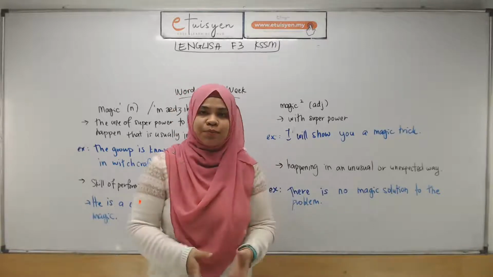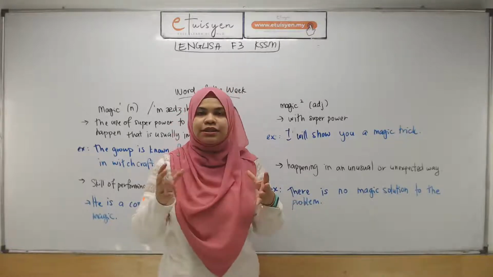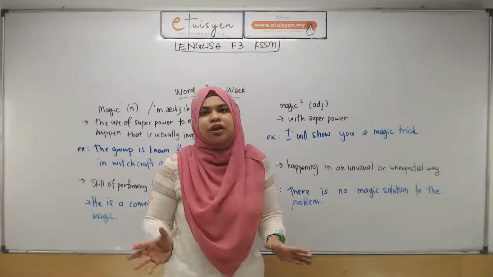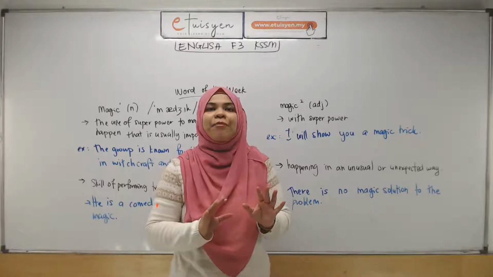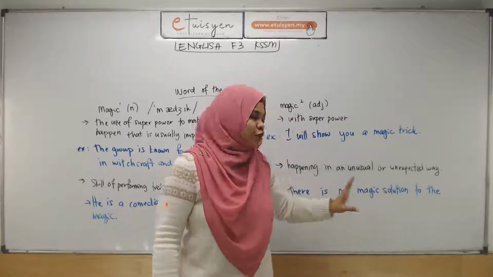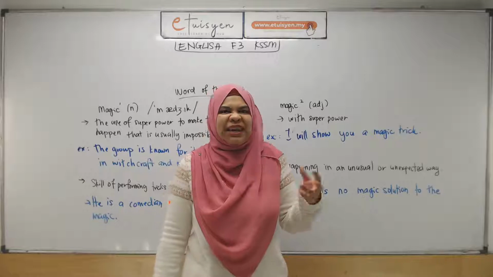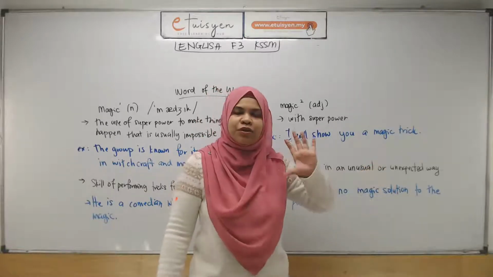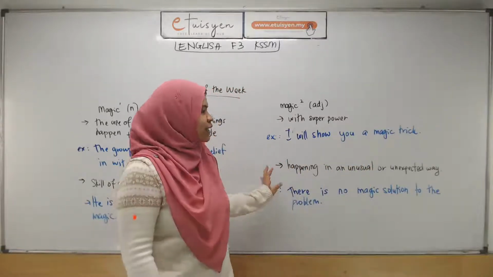Maksudnya, if say there is a problem that is happening around you, right? There's a solution, but it's always yang logic punya. Tak ada yang luar akal punya. So kalau macam ada satu yang luar akal tu, you can say it's a magic solution because it's impossible to do it. Okay, so here there is no magic solution to the problem. So maksudnya tak ada solution yang memang pelik sangat ataupun unusual or unexpected. Memang solution korang boleh cari in an expected way lah. Okay, so that's what this means.